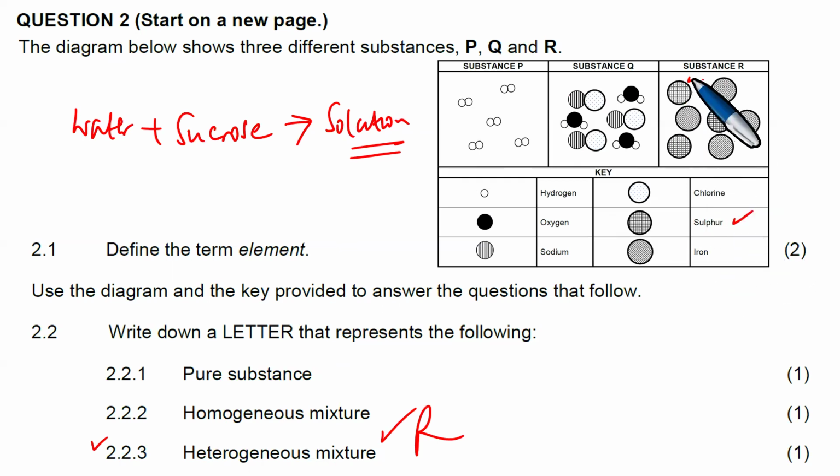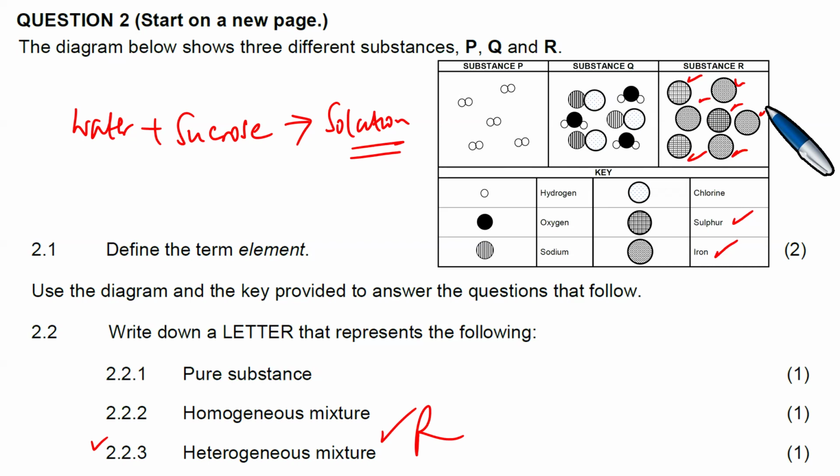We have sulfur, we have iron, and you continue to have another sulfur and another iron. So letter R gives us an example of what we call a heterogeneous mixture.